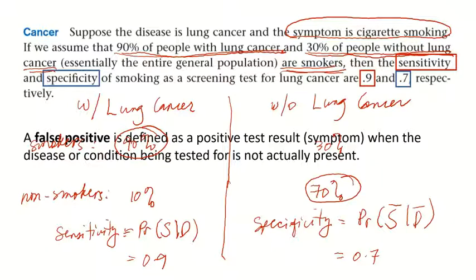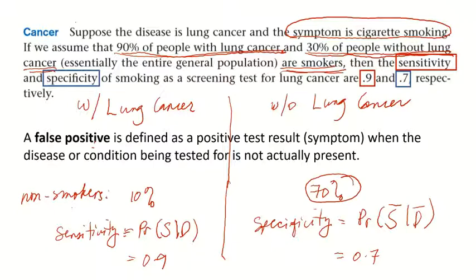Okay? Now we go back, we have here a term, false positive. False positive is defined as when there are positive test results or symptoms, when the disease or condition being tested for is not actually present. Now, obviously, cigarette smoking cannot be used by itself as a screening criterion for predicting lung cancer.